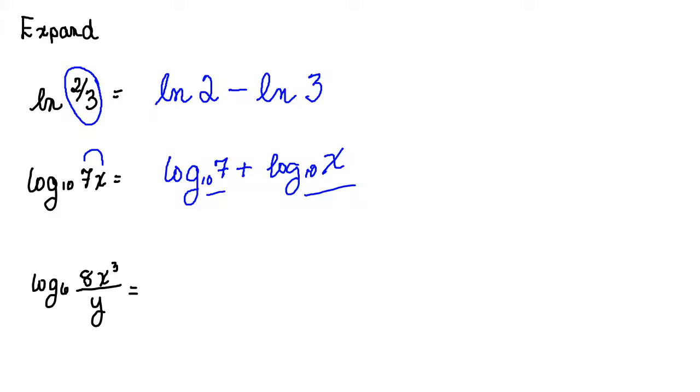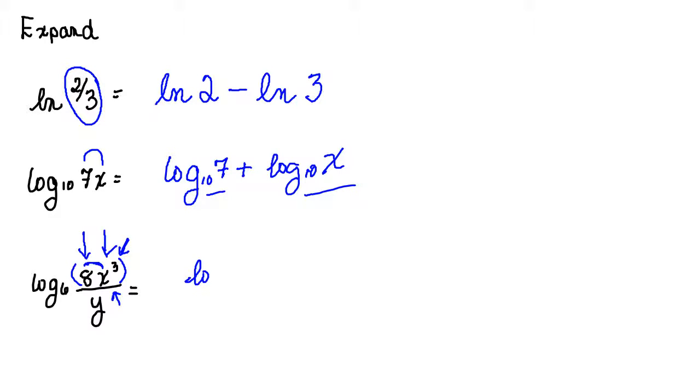Now, the next one here has several things going on. We have some multiplication, we have some powers, and we have some division. So we have a chance here to actually use all three rules. Well, what goes first? What goes second? What goes third? Well, just like you read is going to tell you who goes first, second, and third. And I read log base 6 of the 8 times the x to the power of 3, all over y.